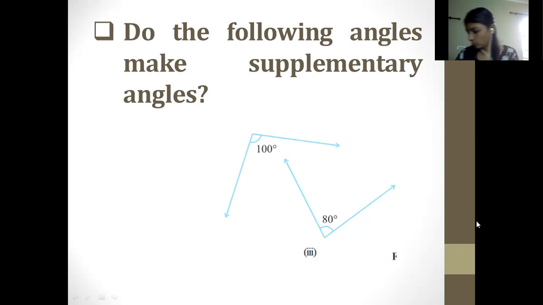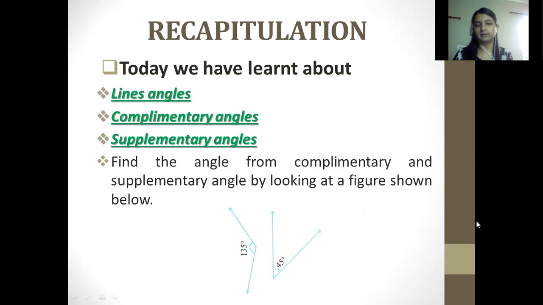They are making 180 degrees. So we would be considering it as supplementary? Yes, exactly. So it would be considered a supplementary angle. That means 100 plus 80 equals 180. So we know the condition says that supplementary angles should have a sum of two angles making 180 degrees. Excellent, students, you have done it right.